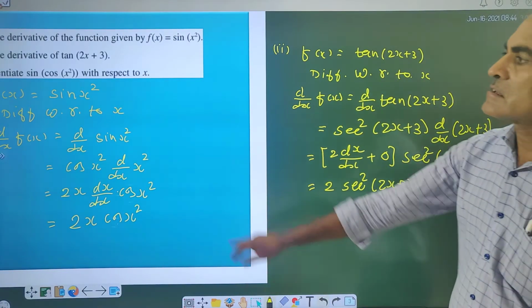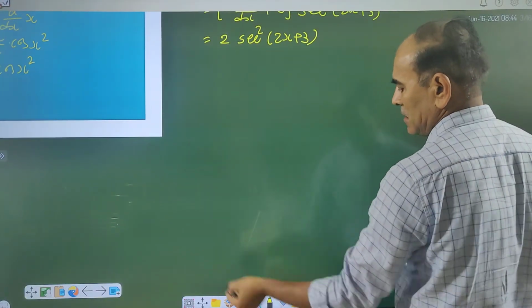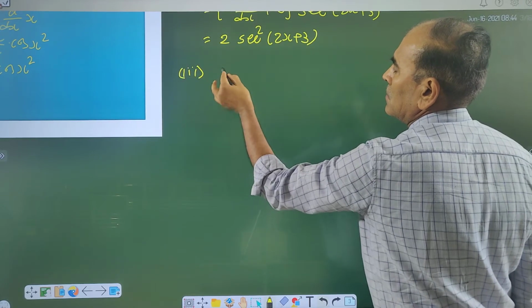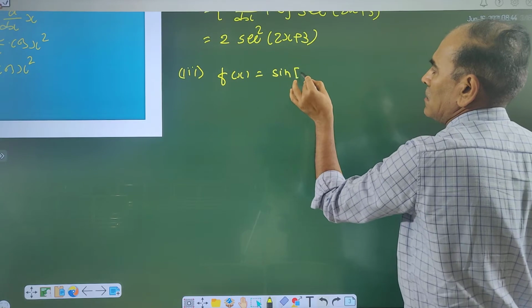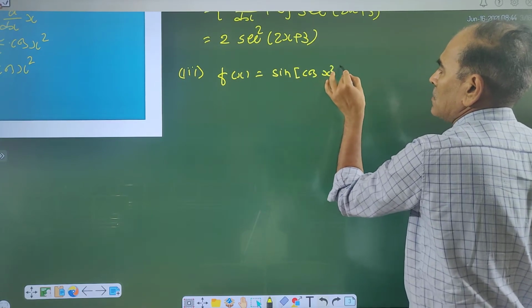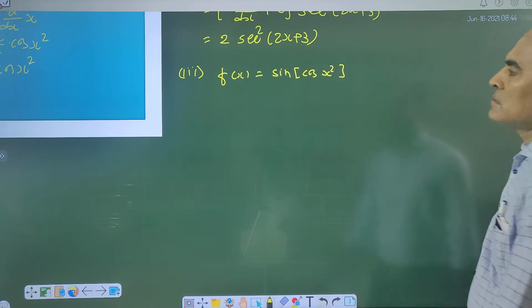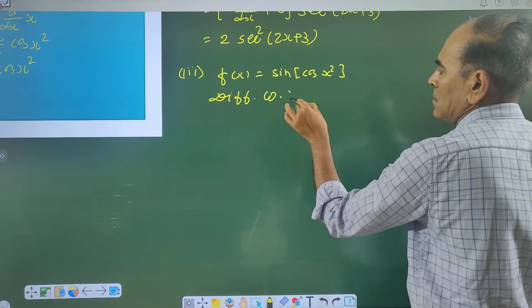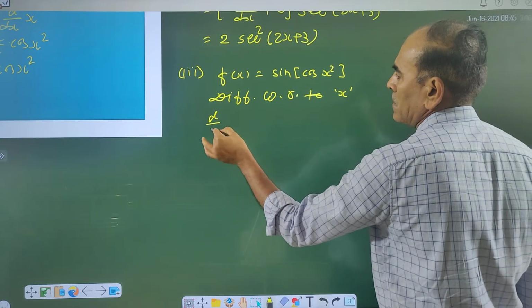Third one, sine of cos of x squared. See here, third part, f of x is equal to sine of cos of x squared. That is given to us. So first line, once again, differentiate with respect to x on both sides.